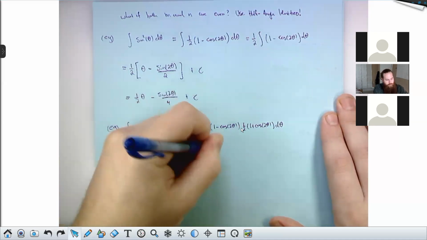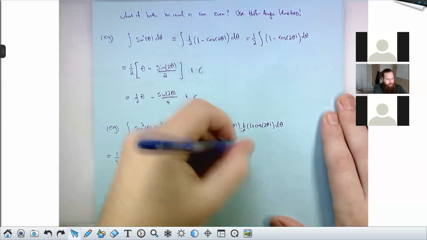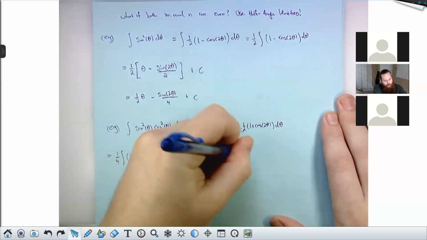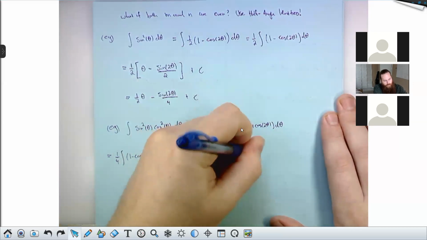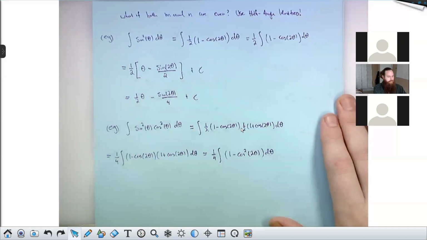And now when I FOIL those, I'll get 1/4 integral 1 minus cos squared 2 theta. The inner and outer terms cancel. It's like a difference of squares.